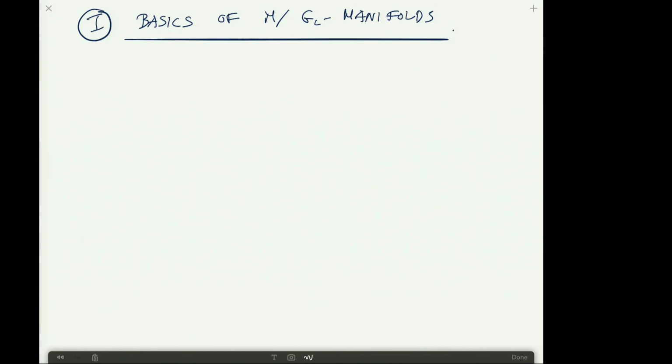First of all, the first thing you'll ask yourself is, what is actually G2? Well, G2 is a Lie algebra or Lie group with the following Dynkin diagram.